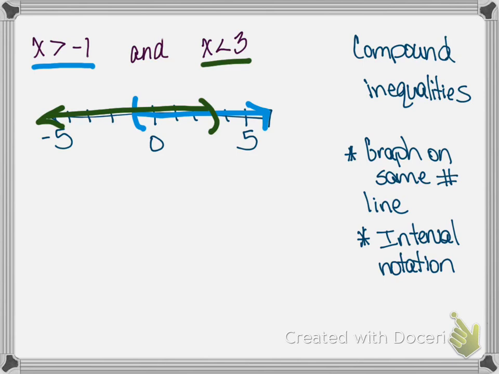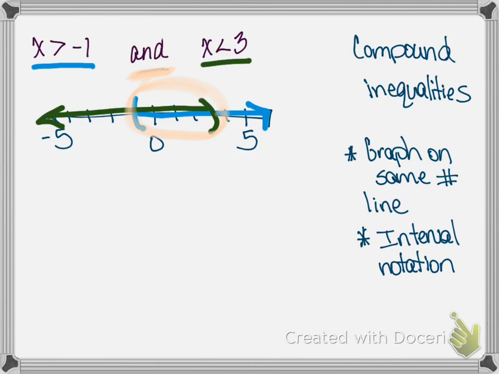Because I am using the word and here, because and is what I'm using for my compound inequality, my solution must be what covers both. So my solution is only this area right here because I've used the word and.